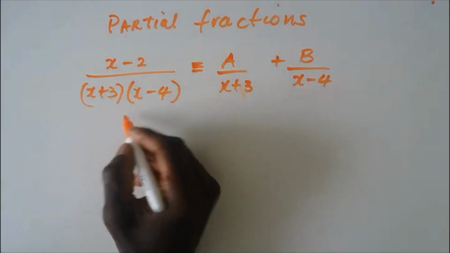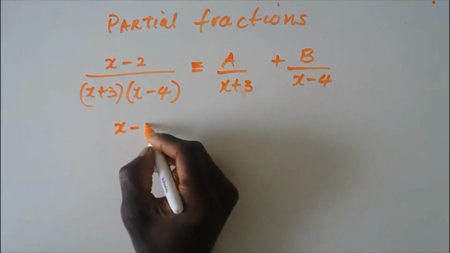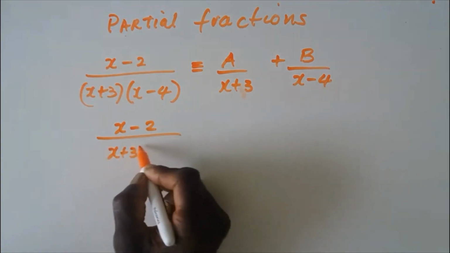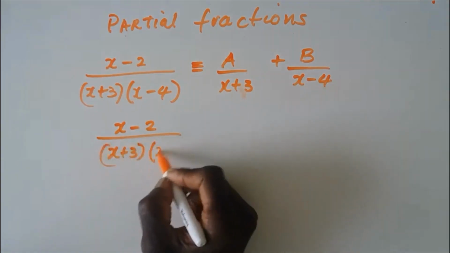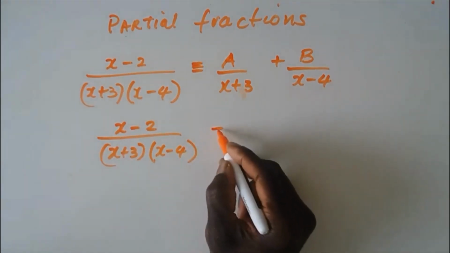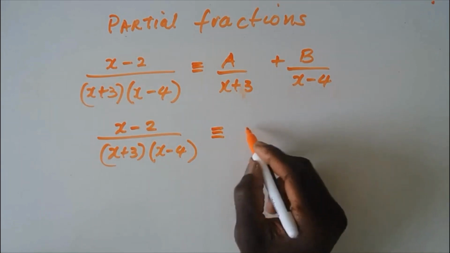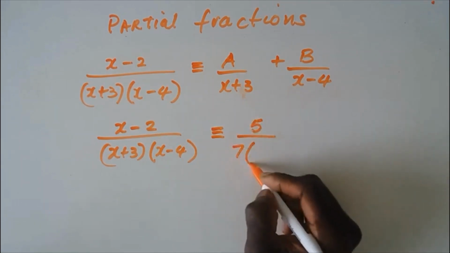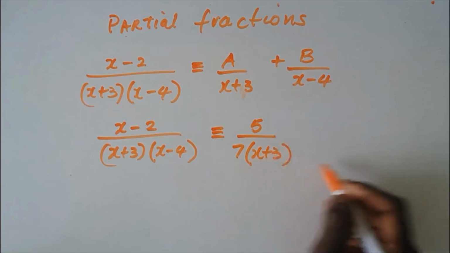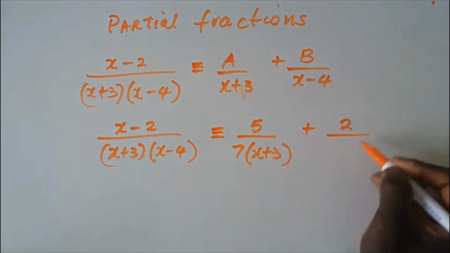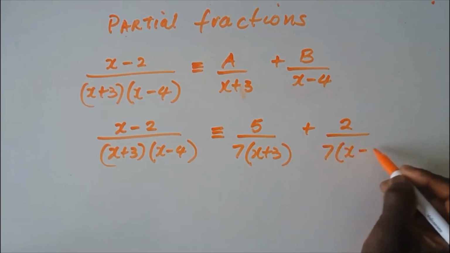So now we rewrite our function using constants a and b. So a is 5 over 7 into x add 3, add 2 over 7 into x minus 4.